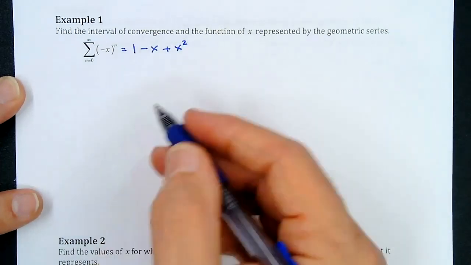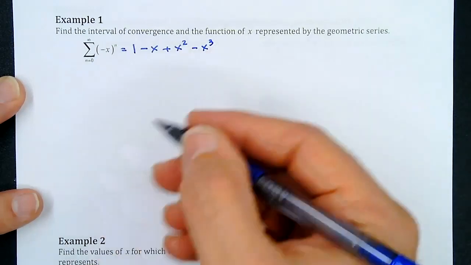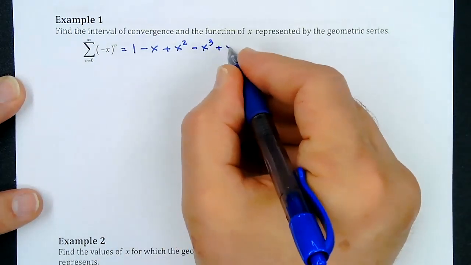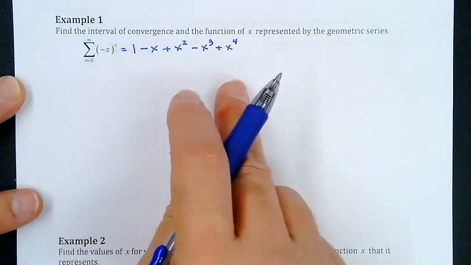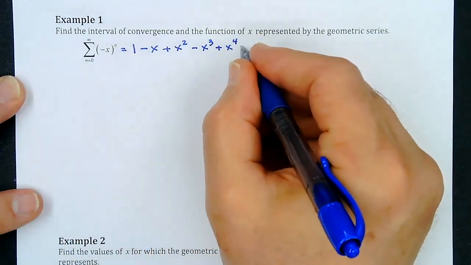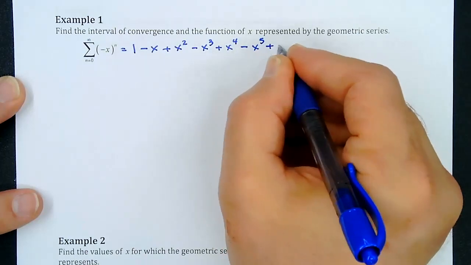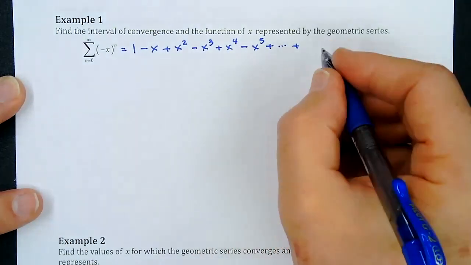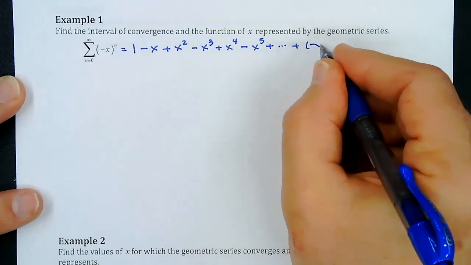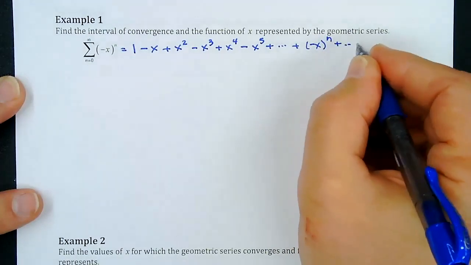Then we put 3 in, we'd have negative x cubed. If we put 4 in, we'd get positive x to the 4th, and so on. Notice it's alternating. So it'd be minus x to the 5th, and then plus dot, dot, dot, and then we could write this as (negative x) to the n power plus dot, dot, dot.